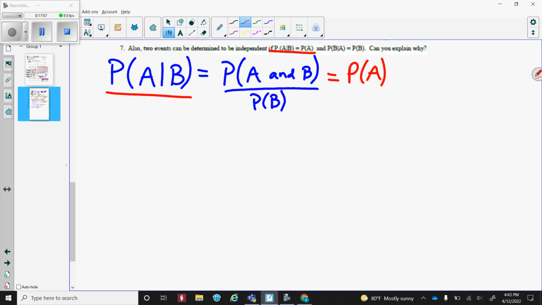Just trust me. In order to get probability of A and B by itself, I'm going to multiply by the probability of B on both sides of the equal sign.